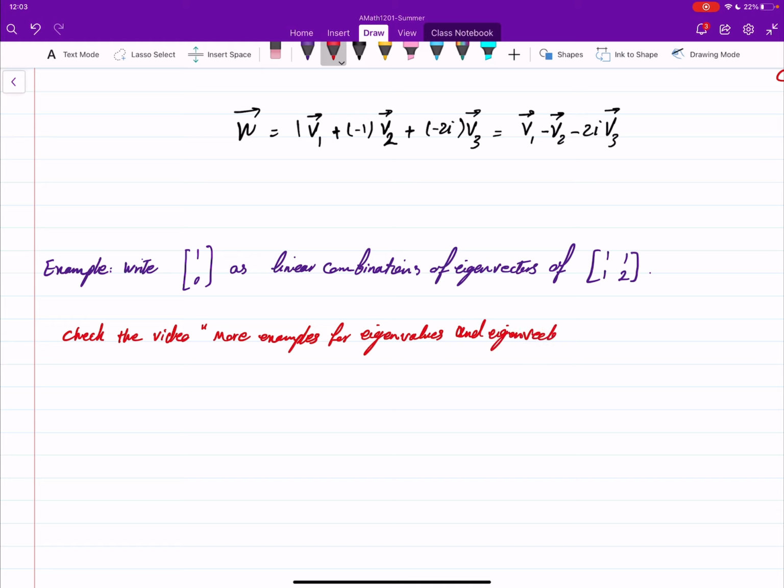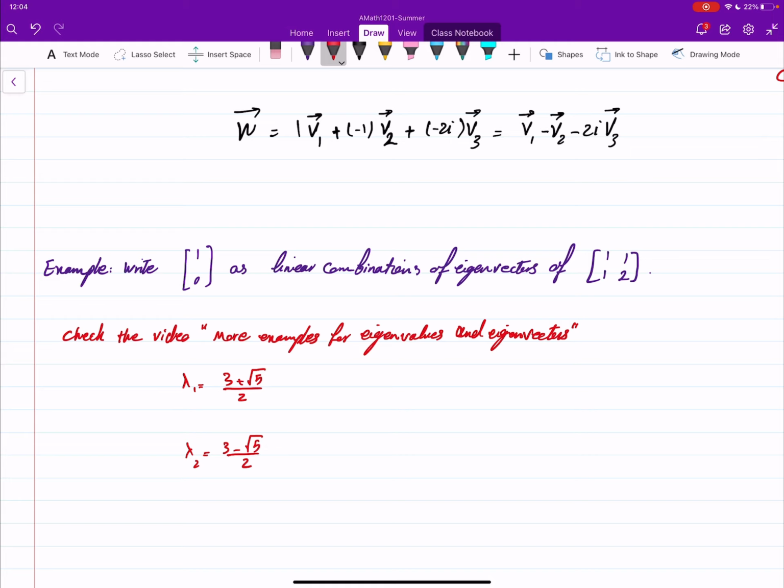And over there we saw that there are two eigenvalues. Lambda 1 is (3 plus root 5) over 2. Lambda 2 is (3 minus root 5) over 2.